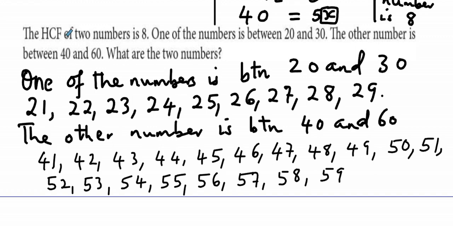Okay, now how do we use this concept over here? The highest common factor of two numbers is 8. So the question is, what are these two numbers which have the highest common factor equal to 8?